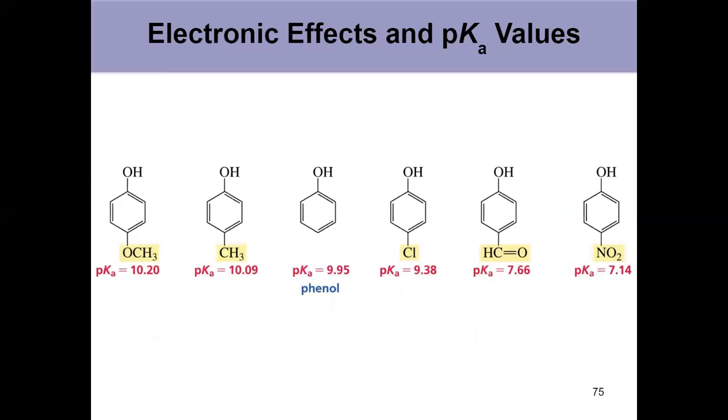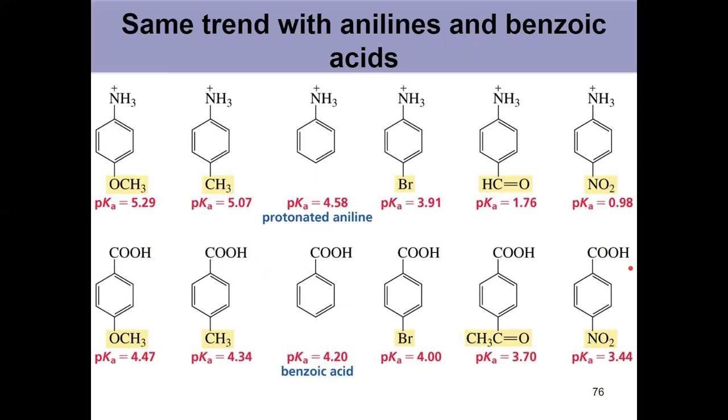So if I put them all together, a methyl group and a methoxy, notice my acid has gotten weaker. A halogen, a carbonyl group, or an NO2, that makes them stronger. So those are the groups that are shown on slide 75 and 76. And I'll expect you to know that.